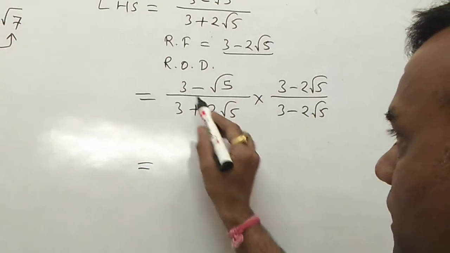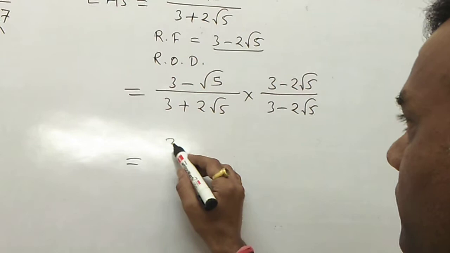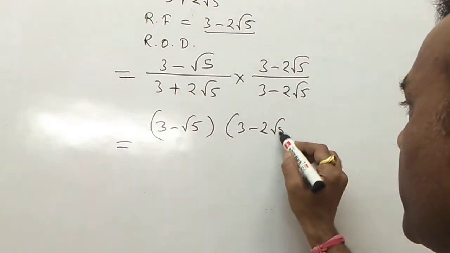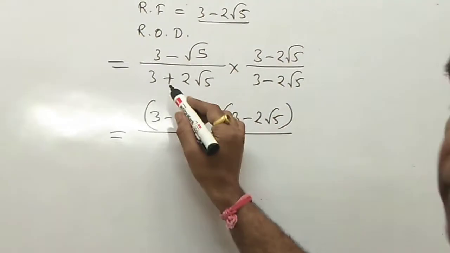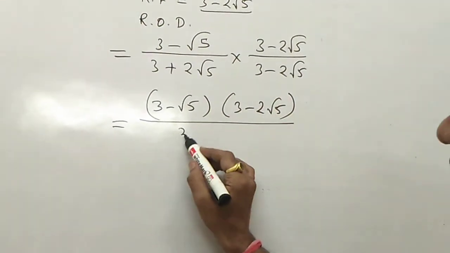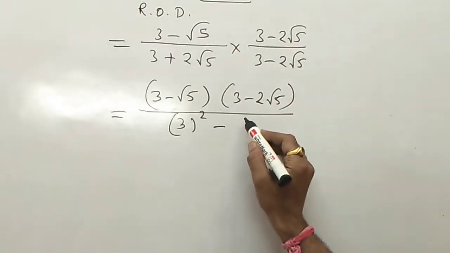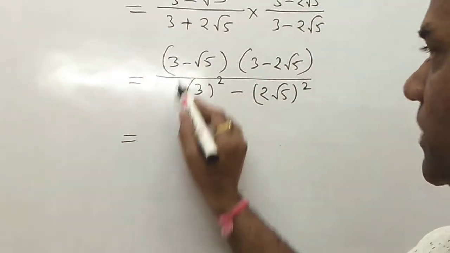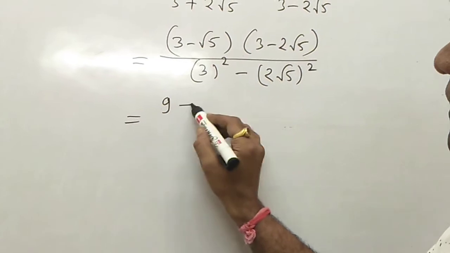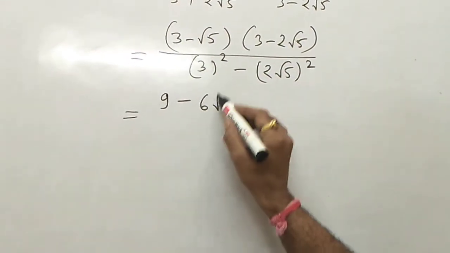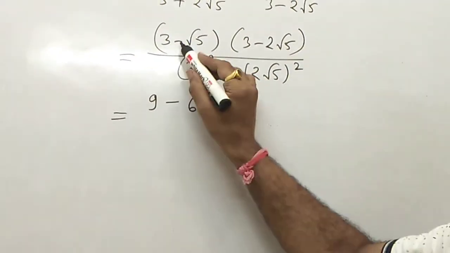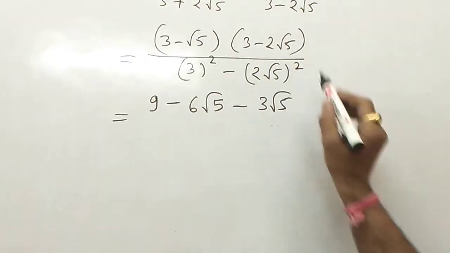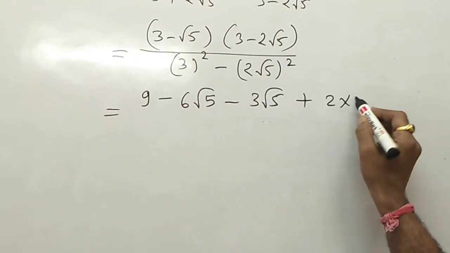Now you multiply directly here: 3 minus root 5 multiplied by 3 minus 2 root 5. And in the denominator you use the identity: 3 square minus (2 root 5) whole square. Then you multiply: 3 3s are 9, 3 2s are 6 root 5. Similarly, minus root 5 into 3 is minus 3 root 5, minus minus plus 2 into 5.